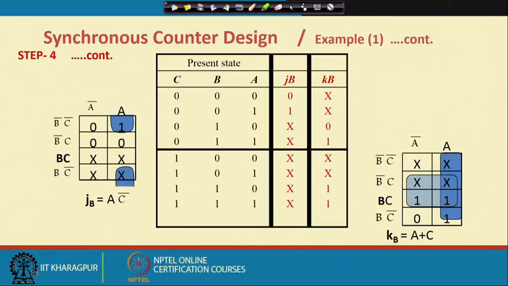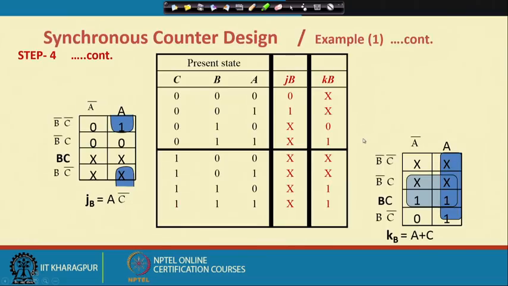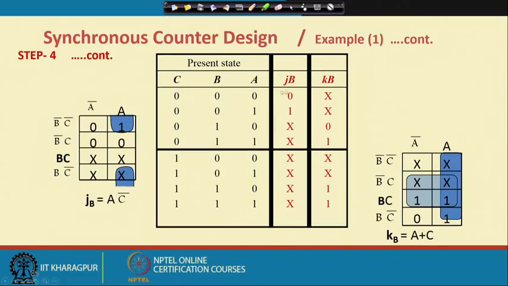Similarly, for the B bit, J B and K B are to be derived. Here also we do the same thing: from that big table, you just take out the present state, these 3 bits, and the J B K B columns. We are just rewriting it here, and then you do a logic minimization by means of Karnaugh map.